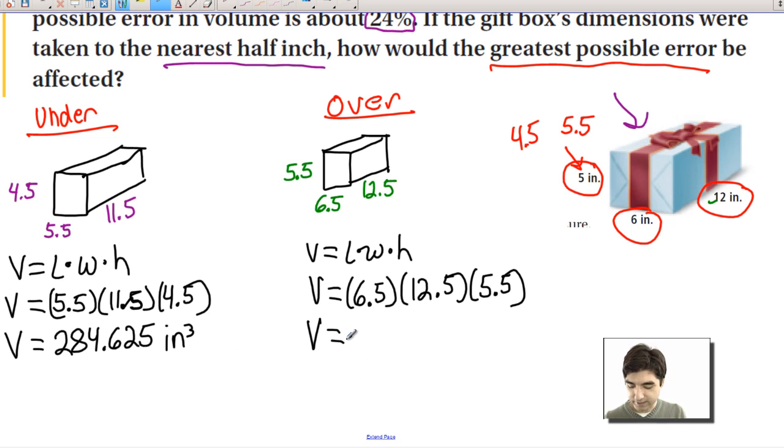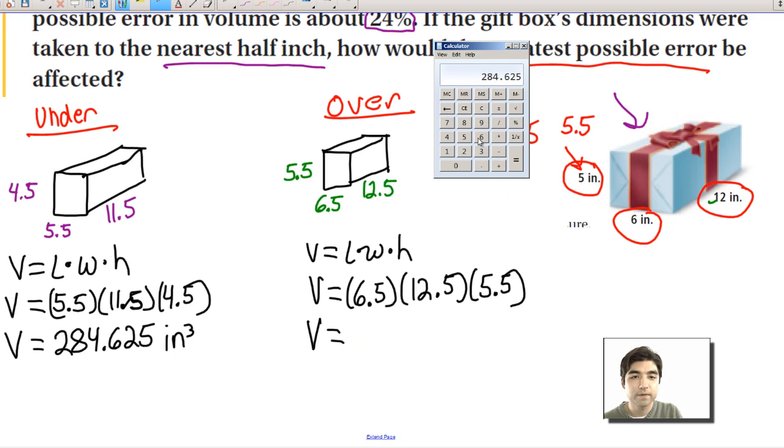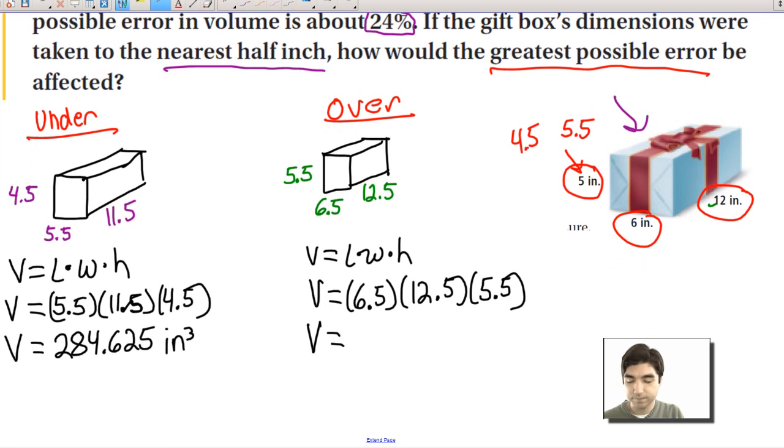So let's do the overestimation. 6.5 times 12.5 times 5.5 equals, whoops, did I do something wrong? I think I might have calculated wrong. Let's try that again.